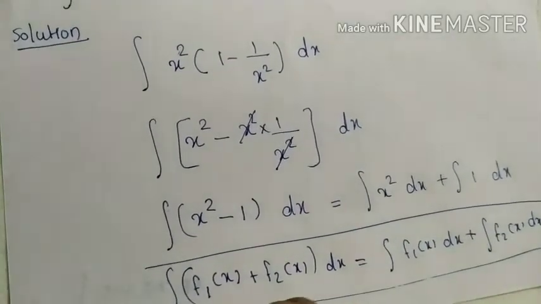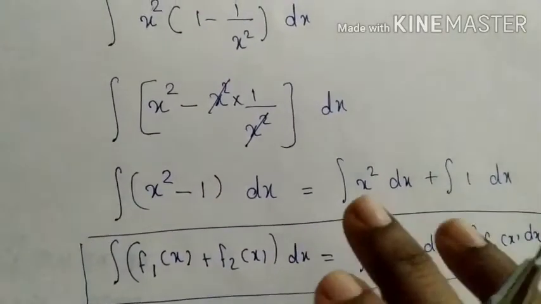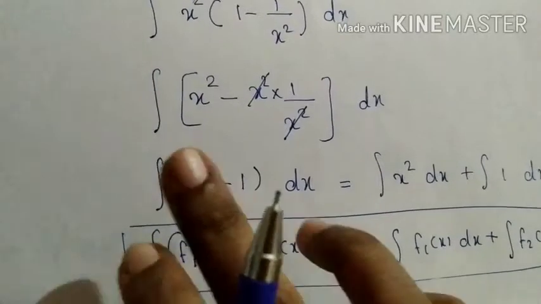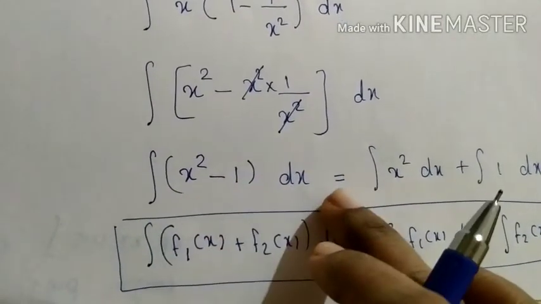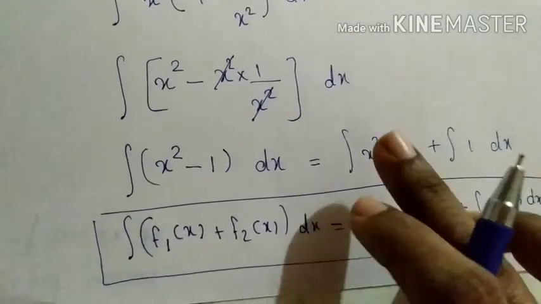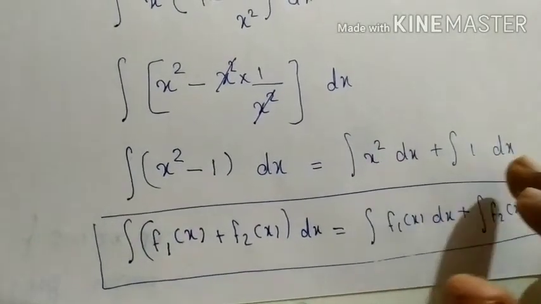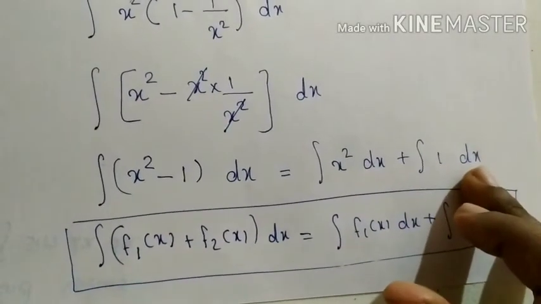So by using this addition property, we can write integral x square minus 1 dx equal to integral x square dx plus integral 1 dx.